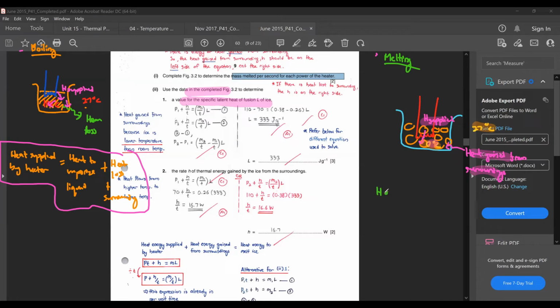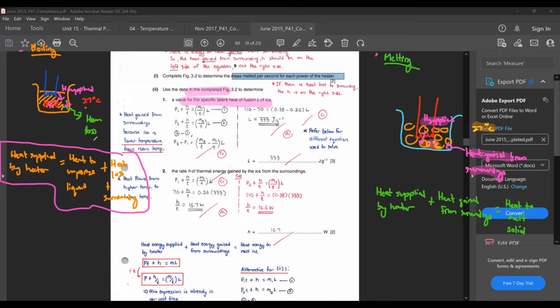Heat supplied by heater plus heat gain from surroundings is equal to the heat to melt the solid.